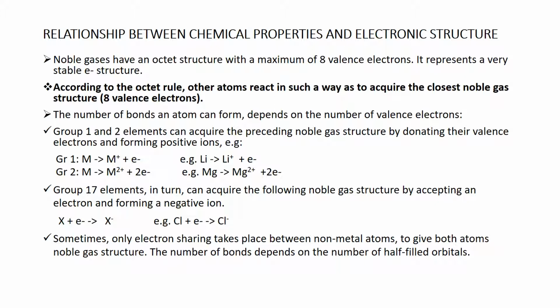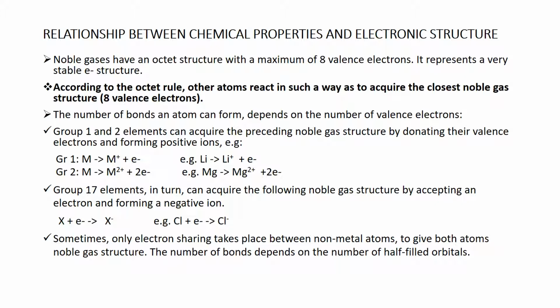For example, for lithium and beryllium, it is very hard for them to acquire the structure of neon, but it is very easy for them to acquire the structure of helium, because helium is the closest noble gas to these two elements.